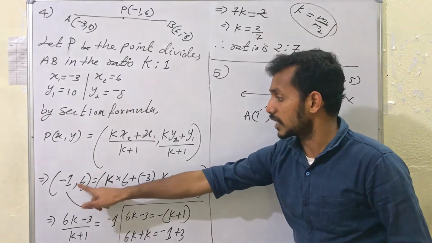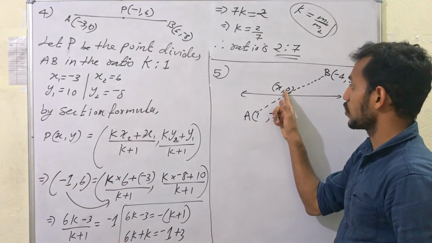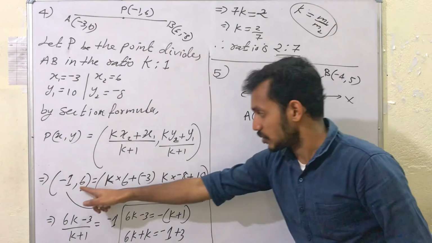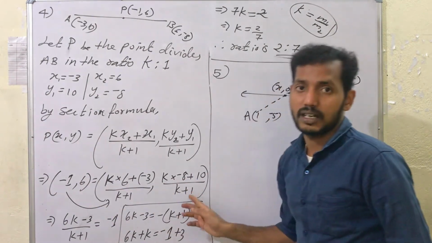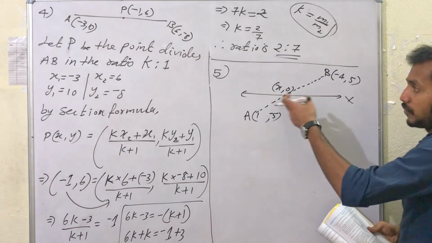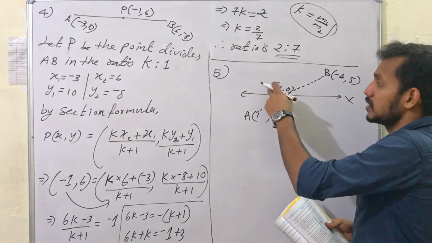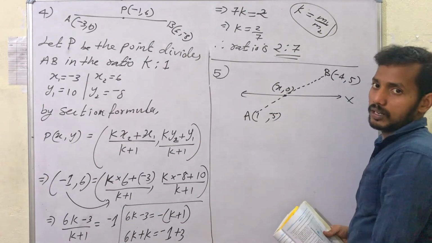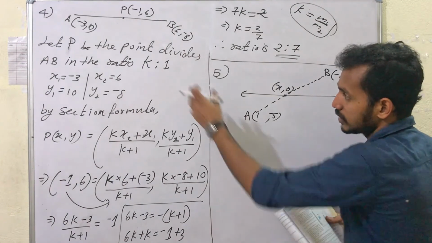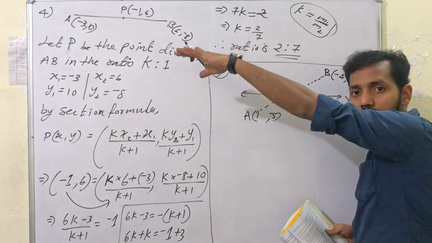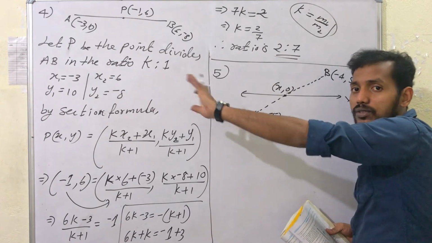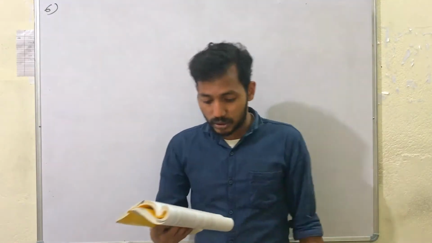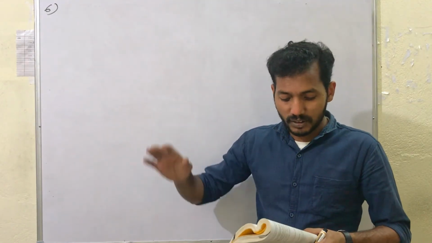Instead of that, just take the y coordinate relation, because y is already given, that is 0. So you can simply solve the equation. That is the only difference. Clear? After getting the value of the ratio, you can easily find x by using the normal formula. Okay? Section formula. Either you can use this formula or the normal formula which we have learned in the case of section formula.